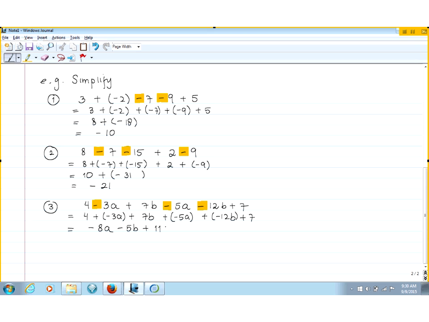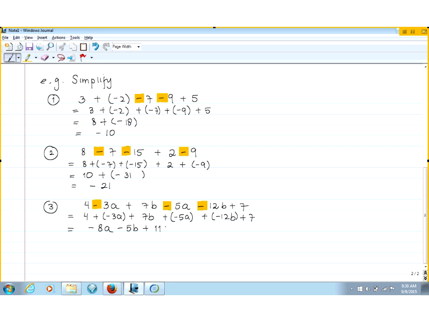Questions? No? Yes, Melvin? 11 minus 8a minus 5b. Usually you want to have your variables first, and also usually your variables follow the alphabetical order.